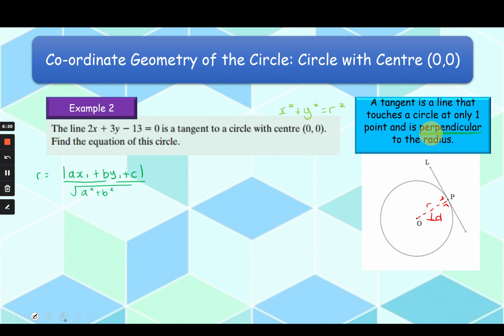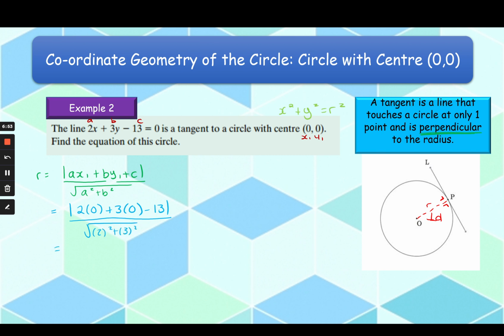Okay? Now, if we look at our equation here so we can see what we need to sub in, I can see that a is going to be 2, b is going to be 3, and c is going to be minus 13. My x1, y1 is going to be my point 0, 0. So now let's sub this in to see what we get. So I get 2 by 0 plus 3 by 0 minus 13 all over the square root of 2 squared plus 3 squared.